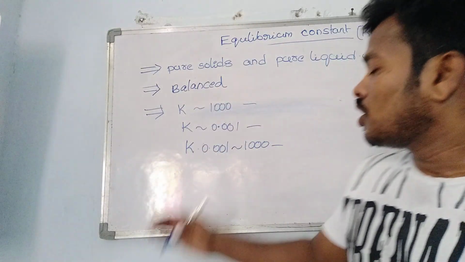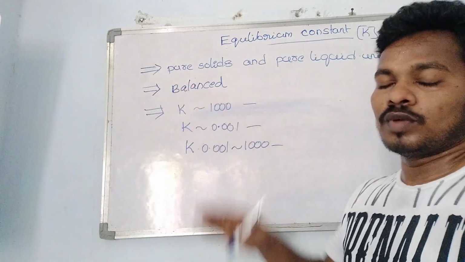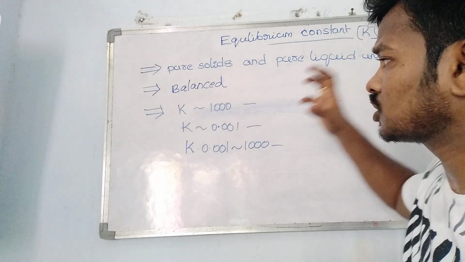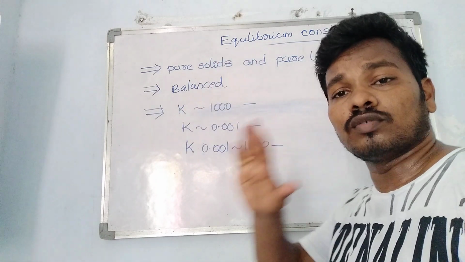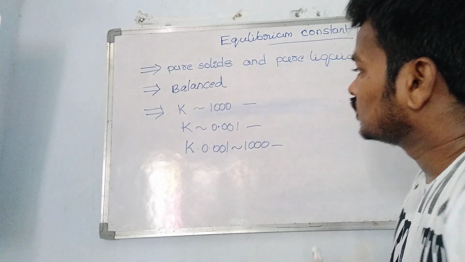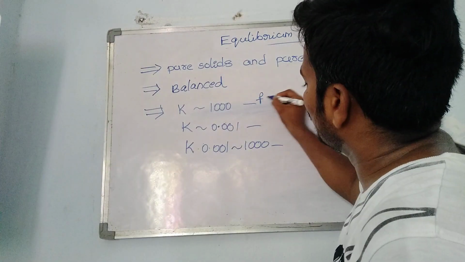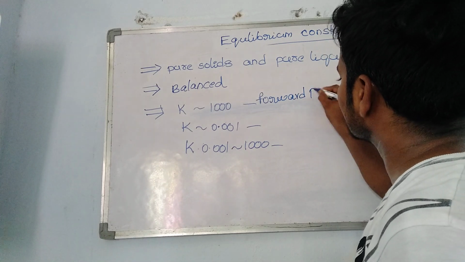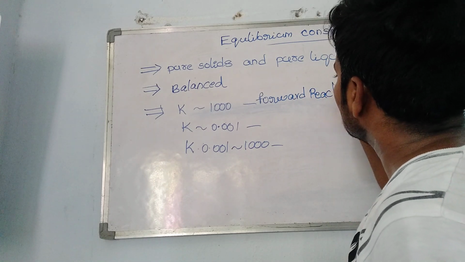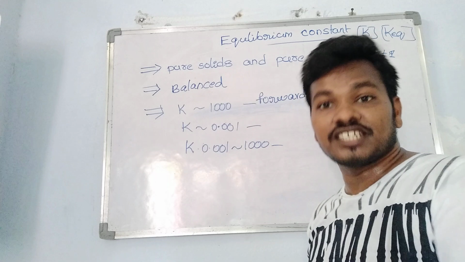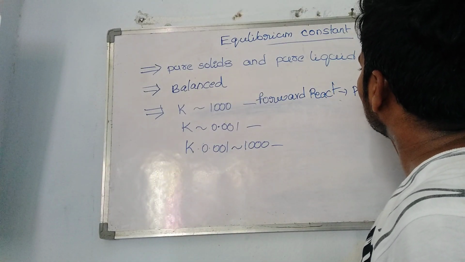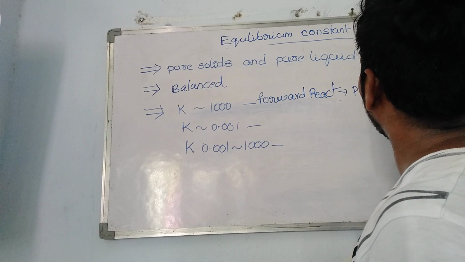Whenever you calculate the equilibrium constant, if you get a high value, that indicates the reaction is going in the forward direction. We can identify the direction at equilibrium conditions with the help of the equilibrium constant. That means the product concentration will be more.